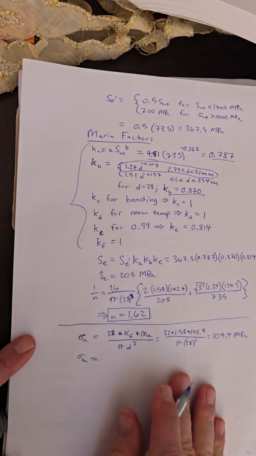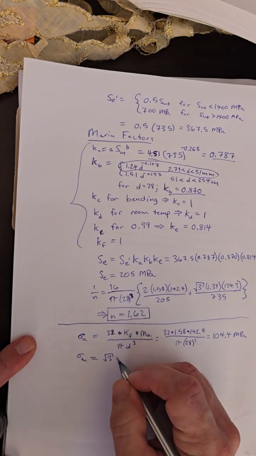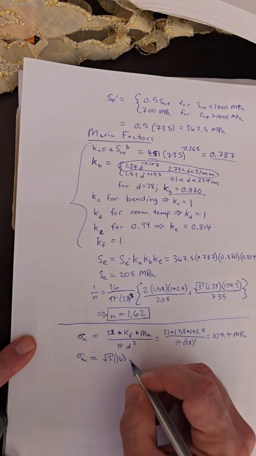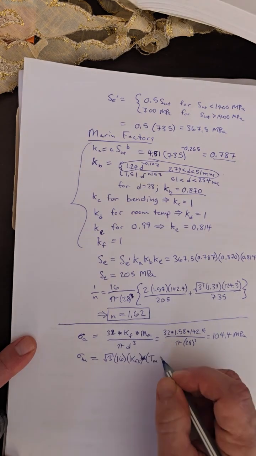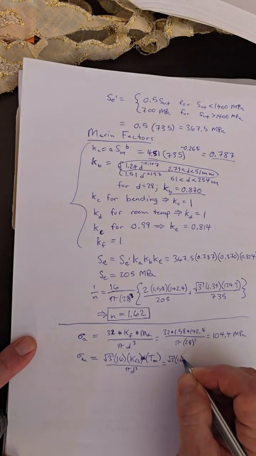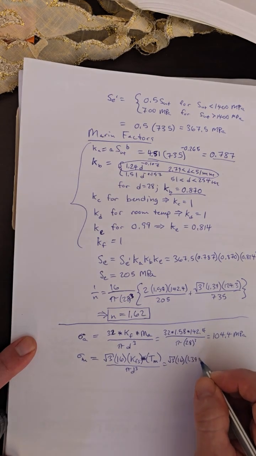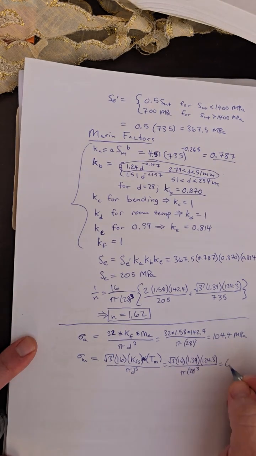And then the mean stress is based on the torque. To calculate the mean stress, square root of 3 times 16 times the KFS times the torque, again divided by pi d cubed. That's square root of 3 times 16 times 1.39 times 124.3 over pi times 28 cubed, and that equals 69.4 megapascals.